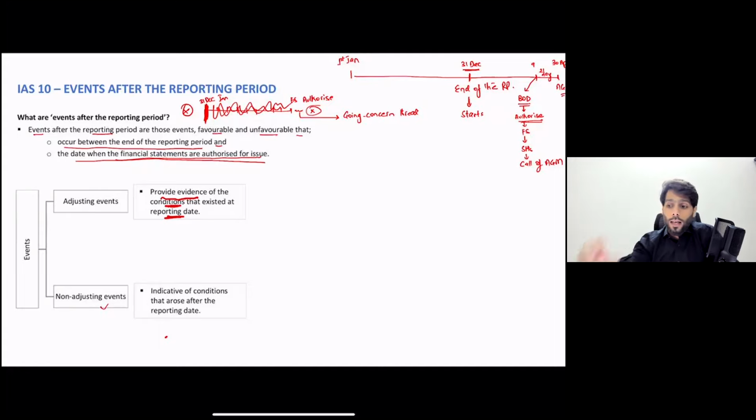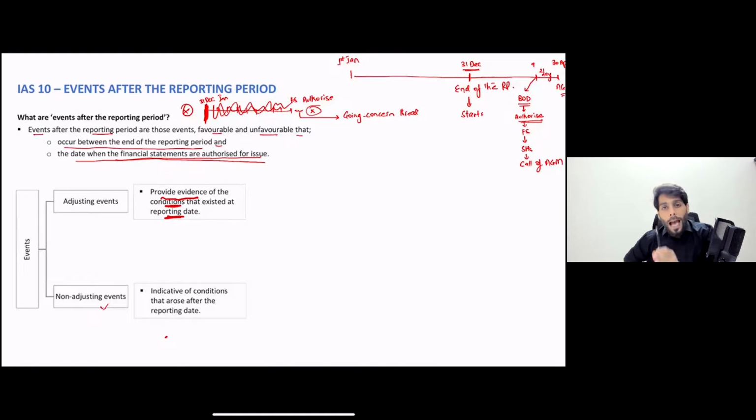At 31st December, we already knew the economic conditions were poor, and some of our customers who are heavily dependent upon financing from the banks may go bankrupt after 31st December. Some indications did exist before the end of the reporting period because the economic conditions had been worsening for a while. So the risk was there.